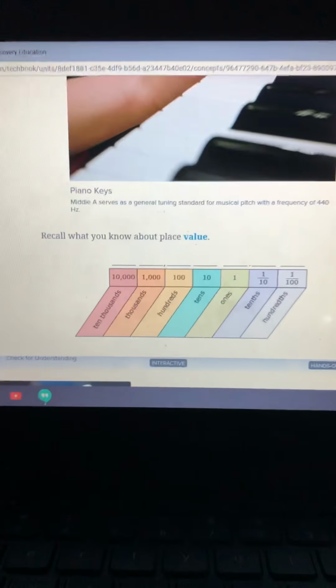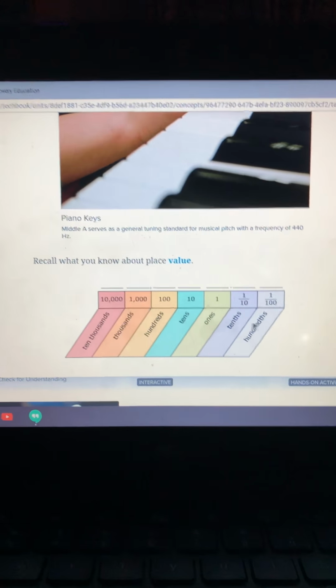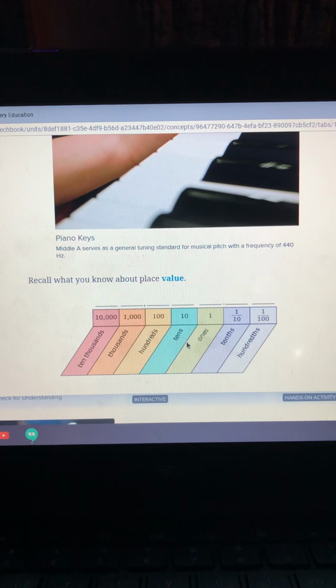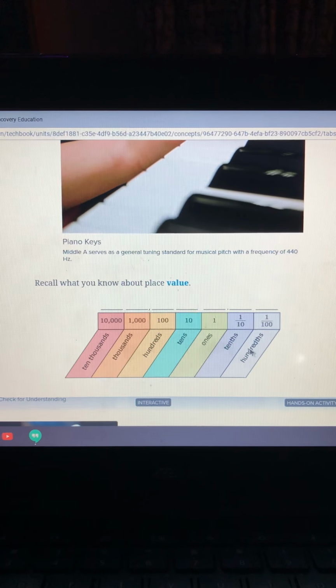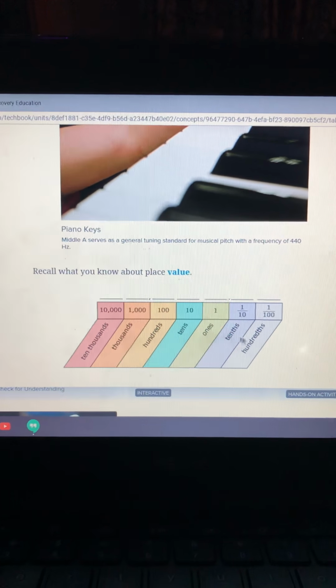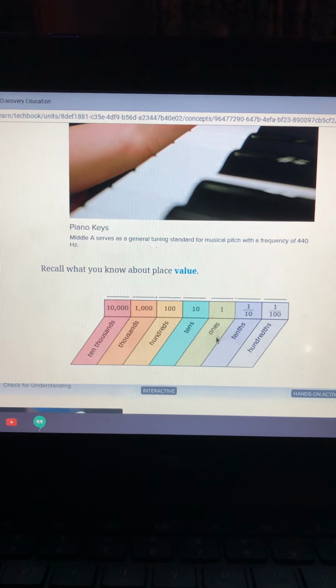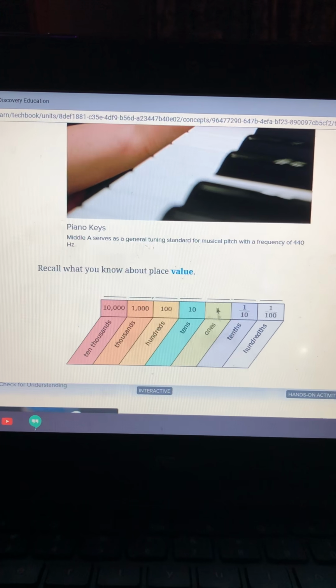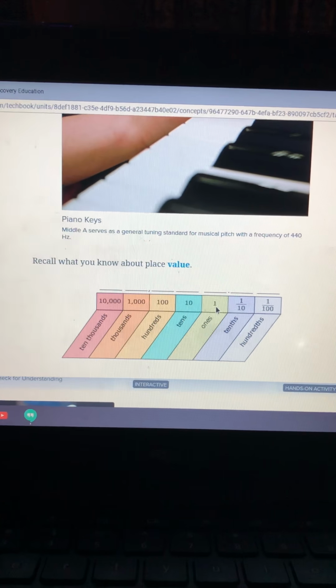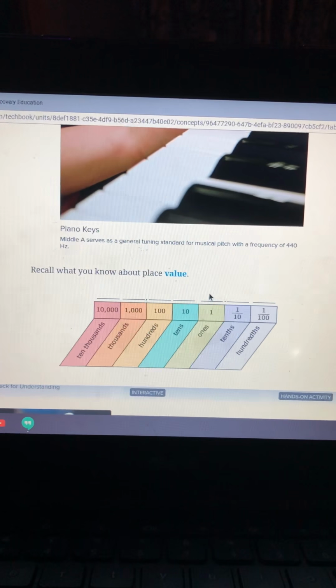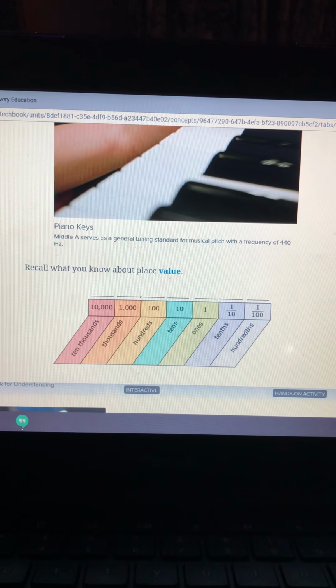All right, and we have this lovely table. This is a place value chart that you probably have seen before, most likely in elementary school. Usually we start at the ones. In this case, in the ones spot, we're going to have 10 to the 0 power.